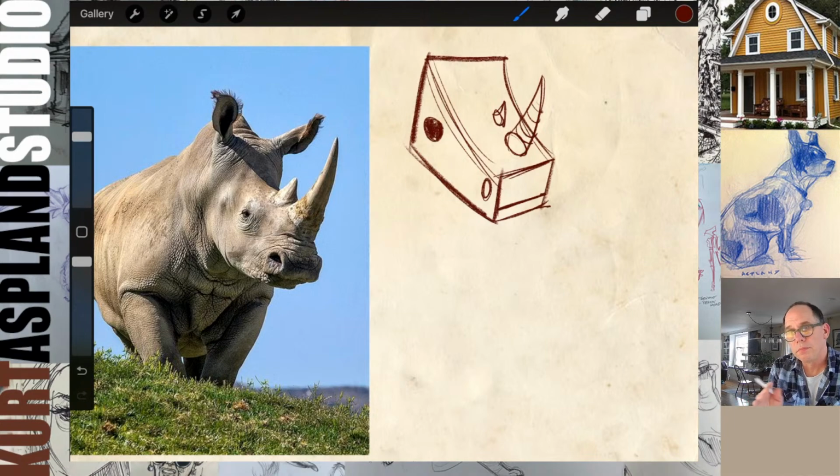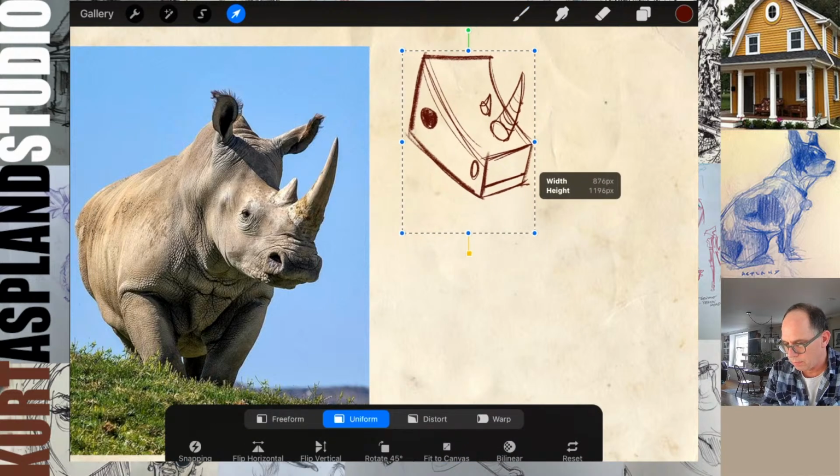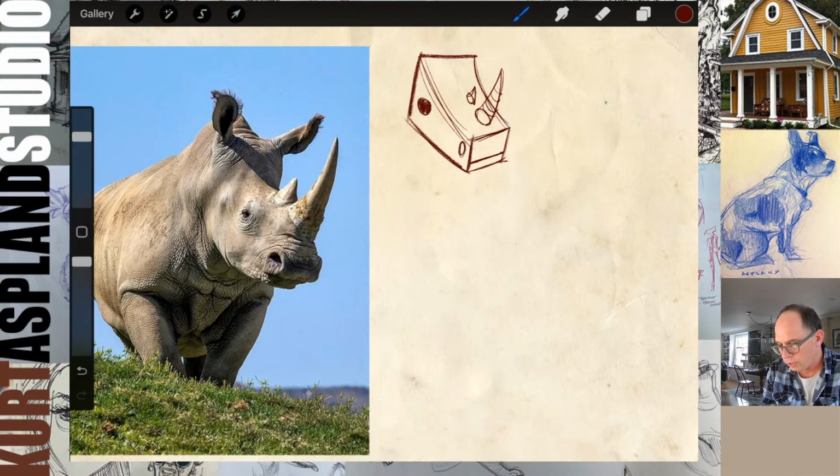Now this time, you've got the feel of it. Now let's just quickly gesture. I'm just going to gesture the head here. So I'm holding my pencil toward the back.